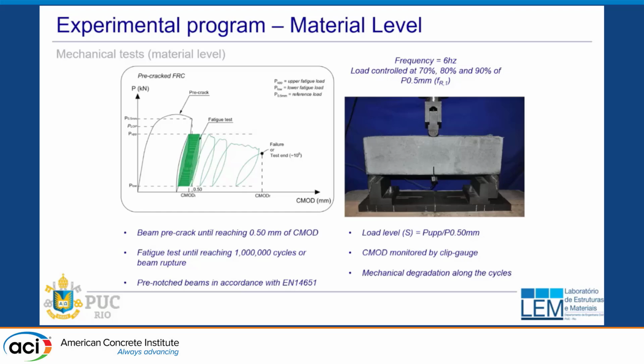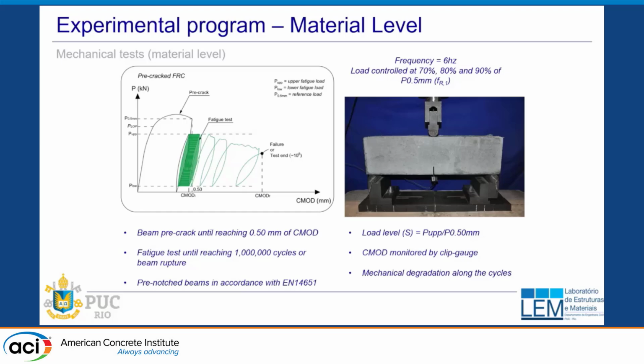So every specimen was intended to go through this level of testing until it failed at different levels of the fatigue load that were applied. Now, different load levels were used, but for example, the upper bound of the unloading was defined on the main curve, so without unloading completely.